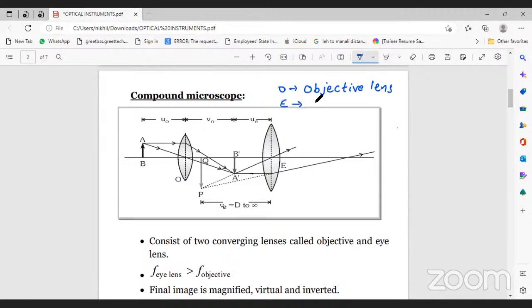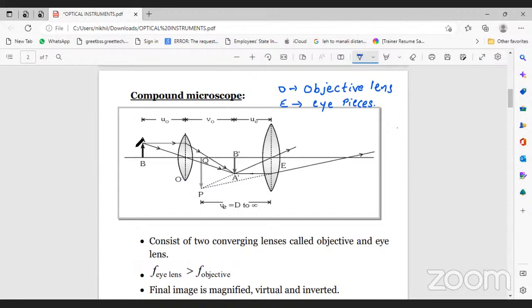E represents the eyepiece. This is of larger focal length compared to the objective lens. The eyepiece has a higher focal length compared to the objective lens.